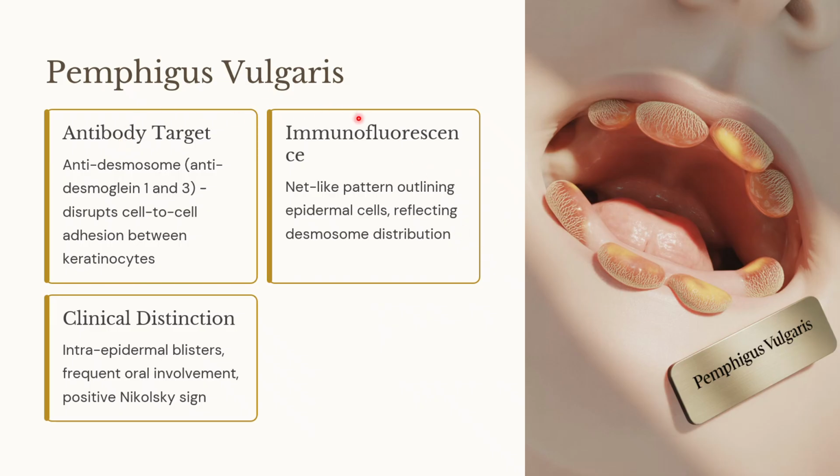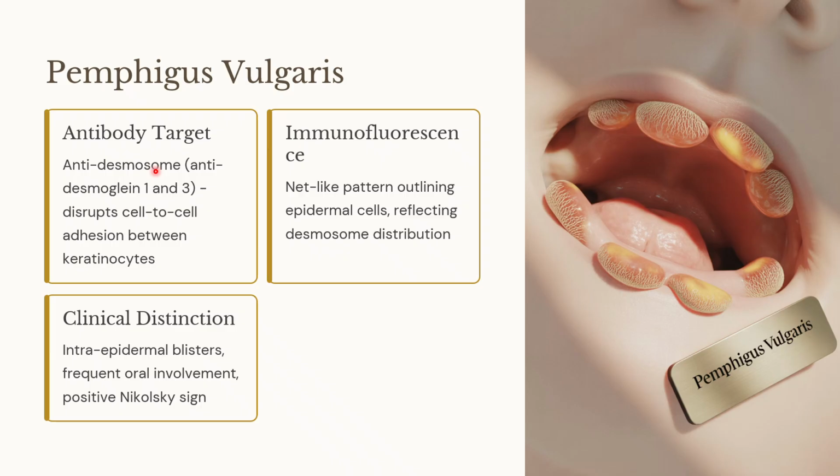What about Pemphigus vulgaris? That is almost similar to Bullous pemphigoid, but here the target is anti-desmosome, or anti-desmoglein 1 and 3. This desmosome is important for the adhesion between the keratinocytes. So when the adhesion between the keratinocytes is disrupted, it will result in intraepidermal blisters. The blisters will happen within the keratinocytes themselves.